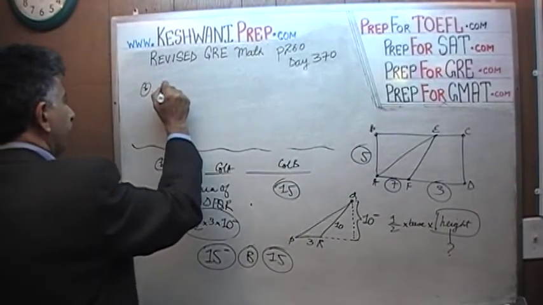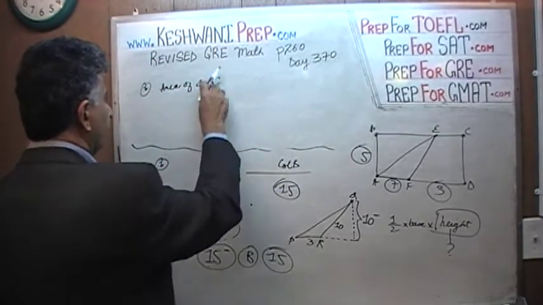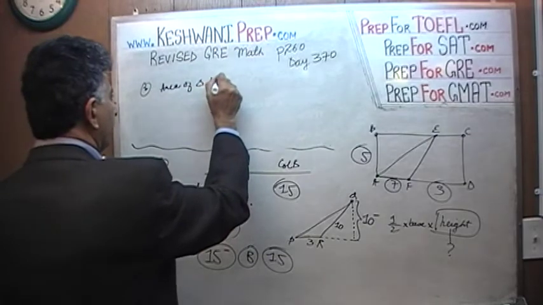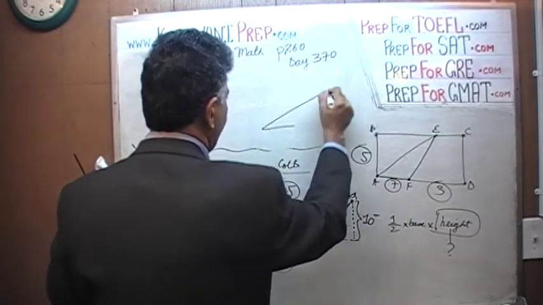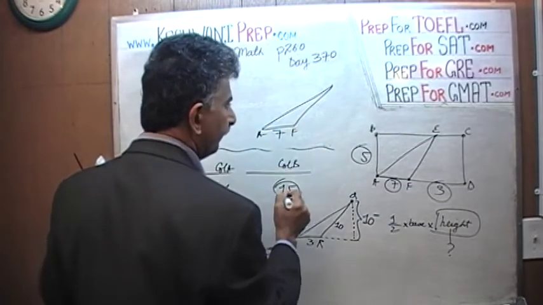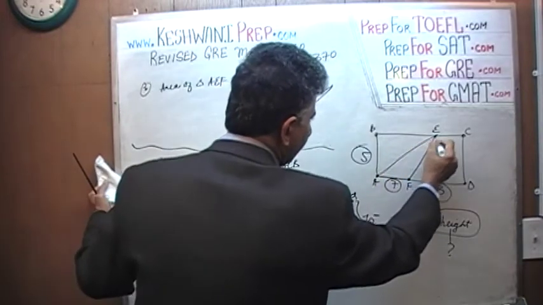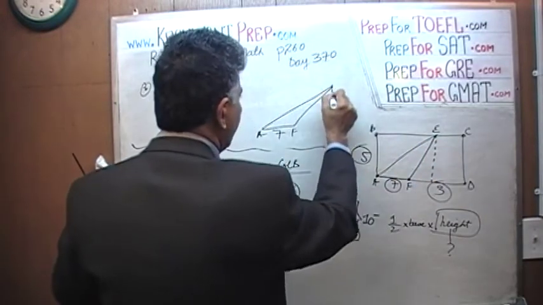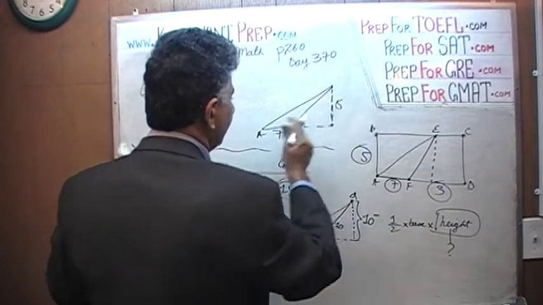In part B, the area of the triangle AEF, which looks like this. A to F we know is 7, and A to B, which is the height of the triangle, is 5.